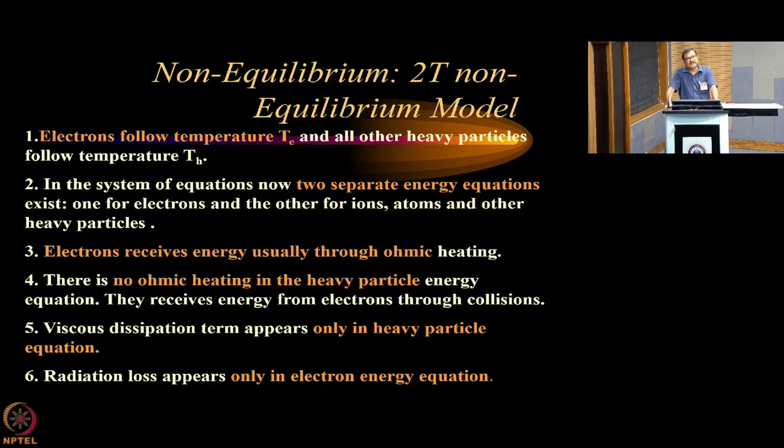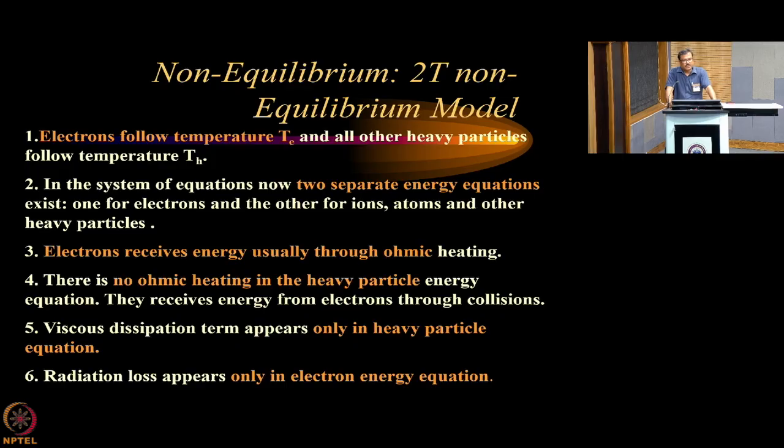Then they are getting heated, increasing their temperature from the field that has been applied, and then they are heating the heavy species, whatever is there. That may be your ions or it may be neutrals.